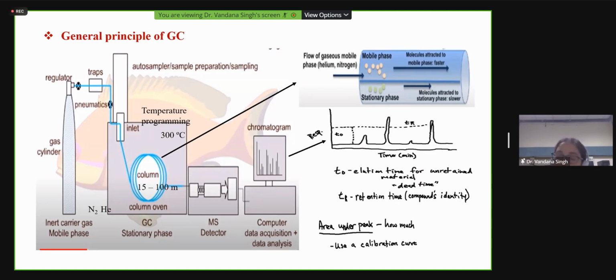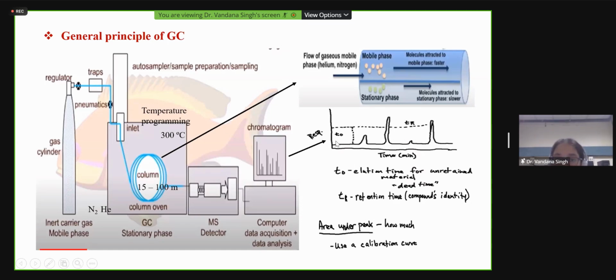Retention time is basically how long an analyte is retained in the column. So the molecule with a very small retention time is moving through the column very fast and comes out first, because it has the least solubility and most volatility. Based on this retention time, we can identify the different compounds or analytes in our sample.